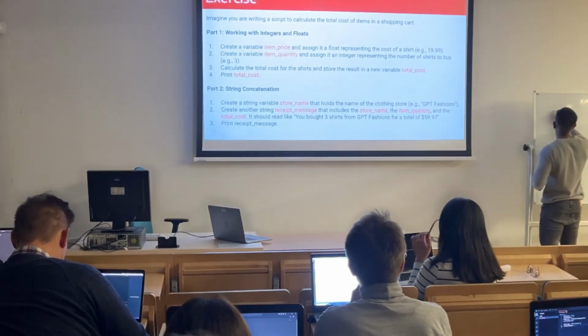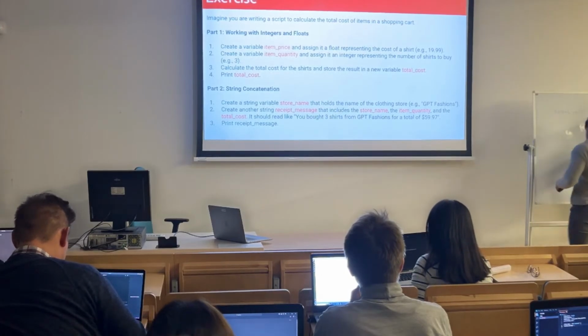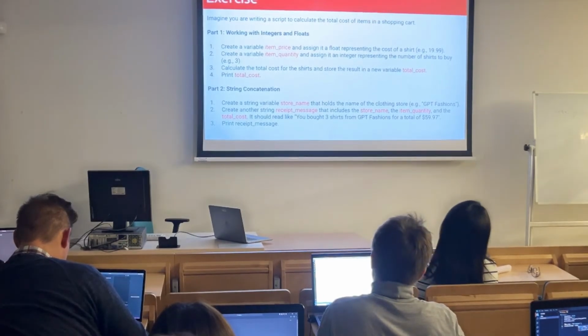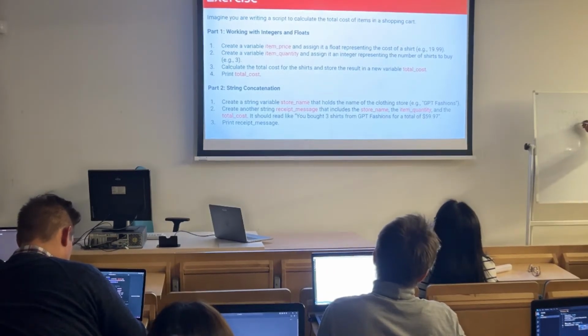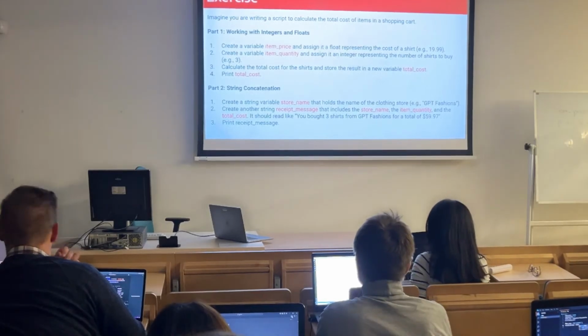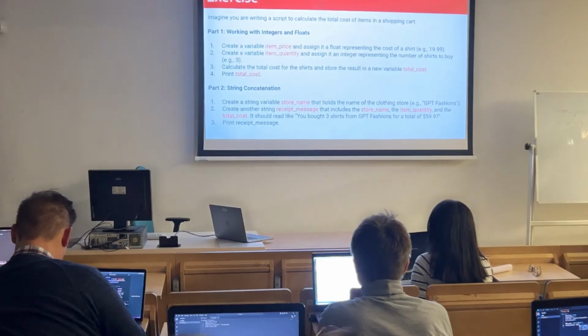So ideally, you should be looking at something like this. Item price should be 19.99. And quantity, it can be item quantity, should be 3. Okay, maybe I'll type it out.